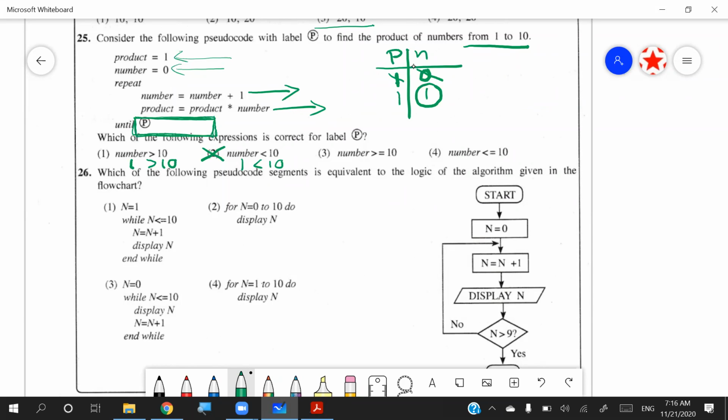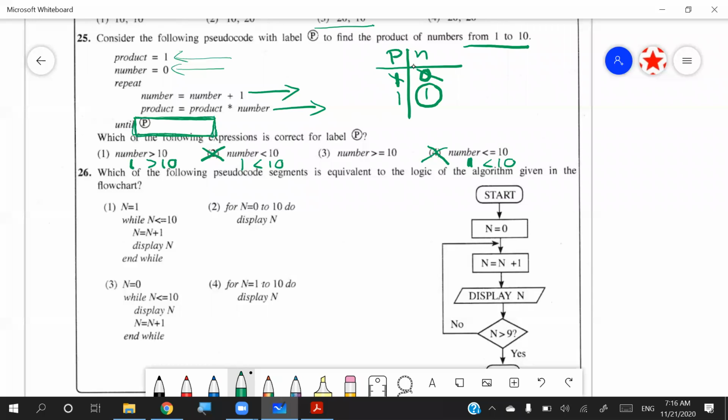If you look into the third answer, it can also be a correct one, because it says number larger than or equal to 10, a little bit similar to the first answer. And the fourth one is similar to the second answer, so it's not going to be a correct answer because the very first time, it's going to be a false one.